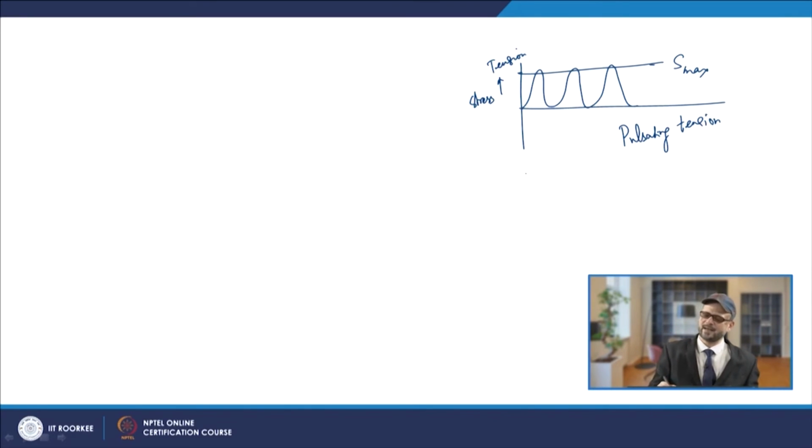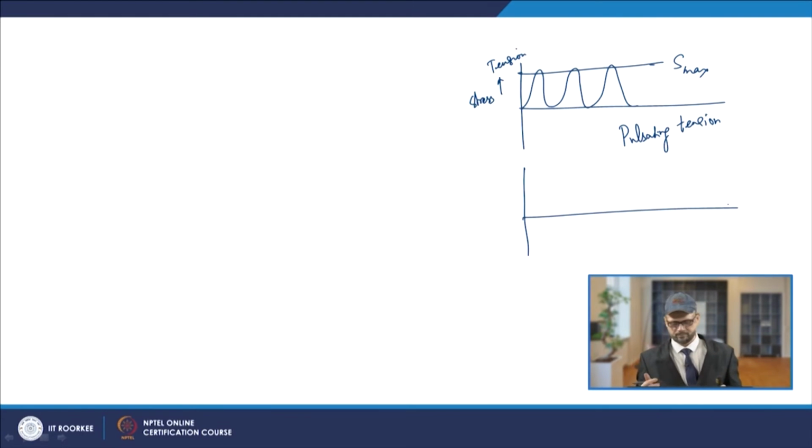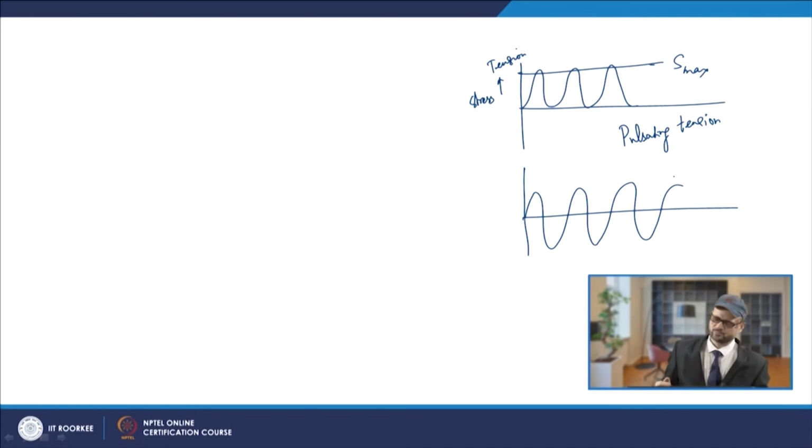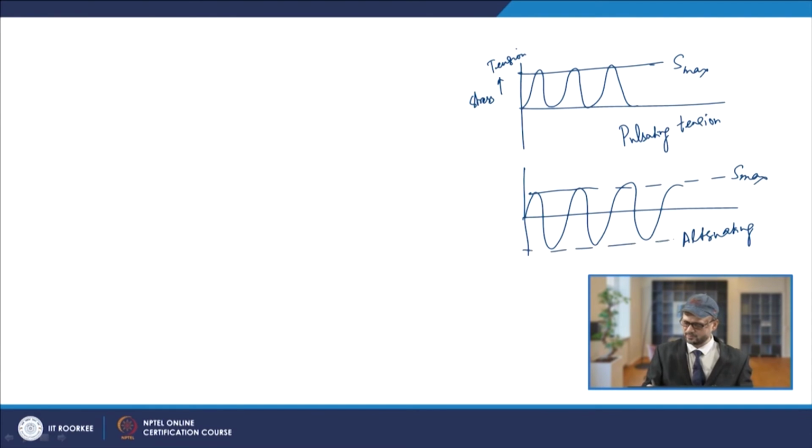Similarly, you may have a stress cycle that goes evenly on the upper and lower side. So basically this is the example of the alternating type of stress. This will be your S max and this will be your S min.